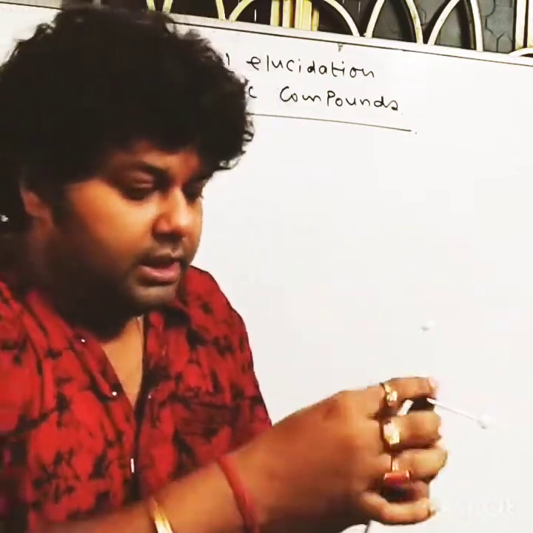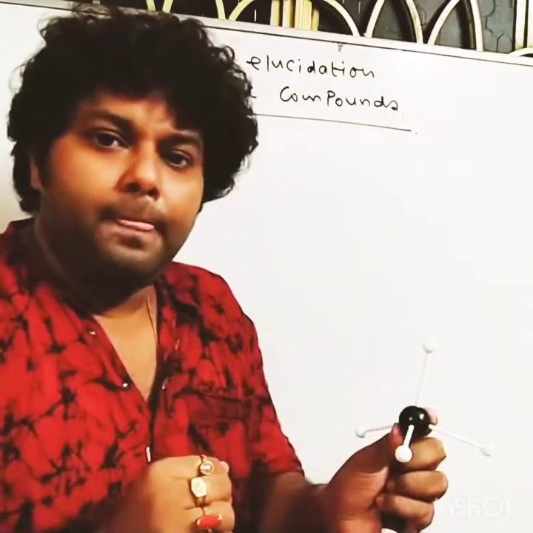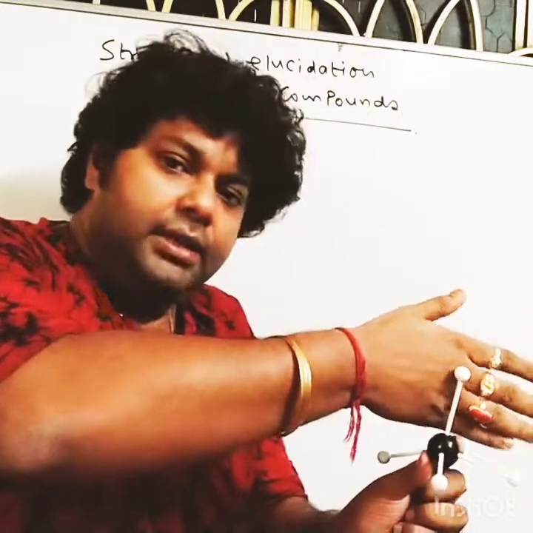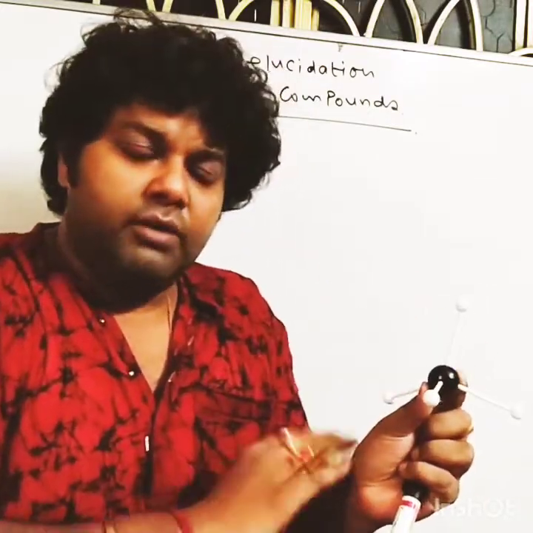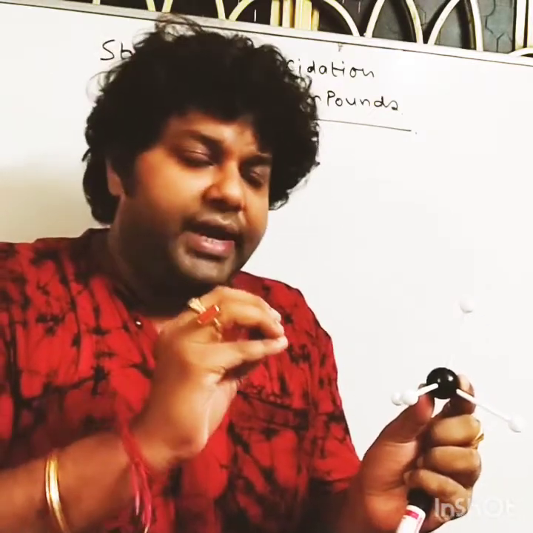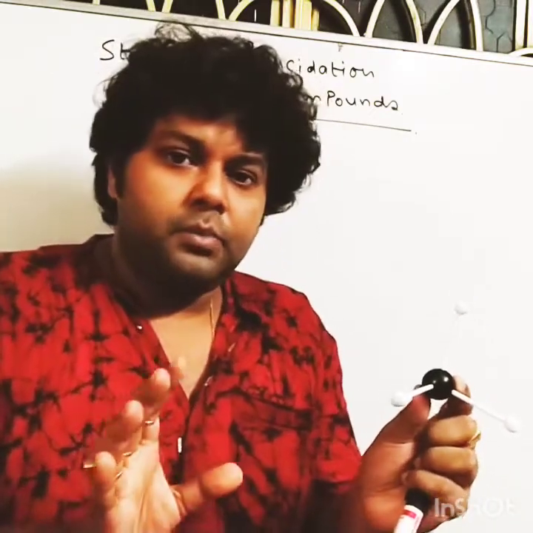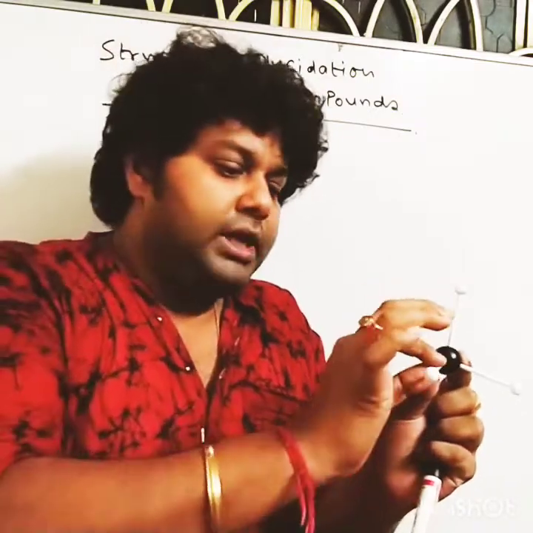Making sense? So if I consider that these two bonds are on the plane, that means this bond is coming outside the plane. A very fundamental concept I am going to discuss in this video. Let me be very clear. No complexity, but you have to understand these basics. So this bond is coming towards you.